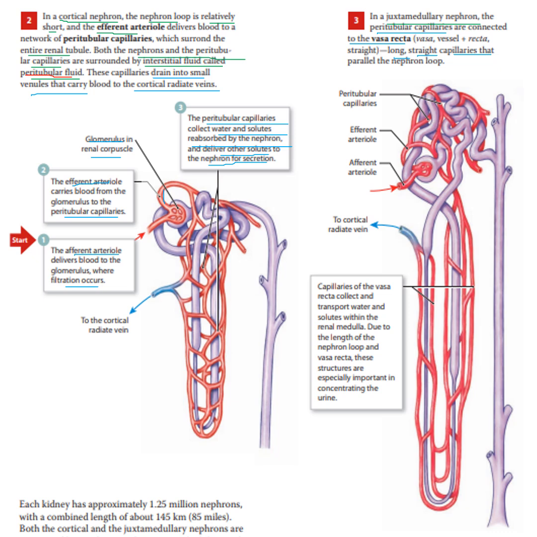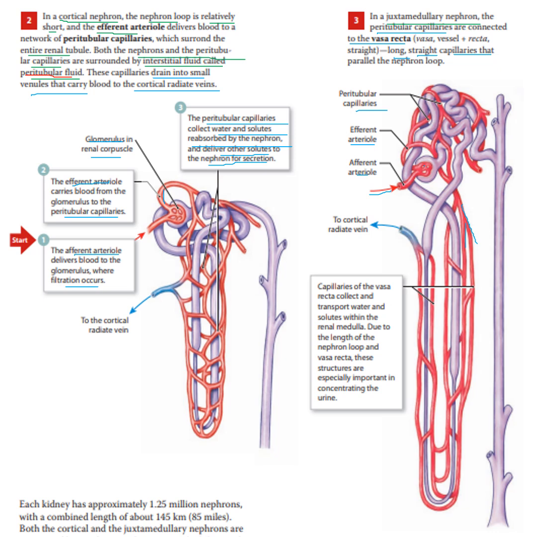As you can see in this figure, the blood moves into the glomerulus through the afferent arteriole. After forming the glomerulus, it leaves as the efferent arteriole, which divides into peritubular capillaries, and the peritubular capillaries give rise to the vasa recta in the juxtamedullary nephron.